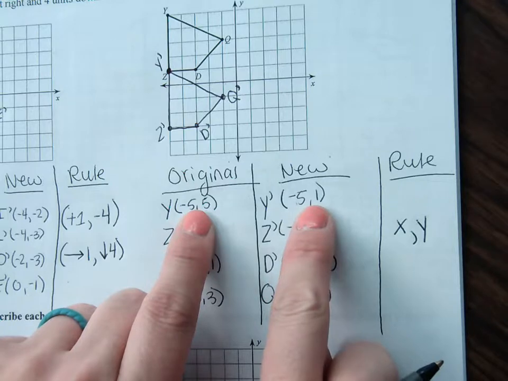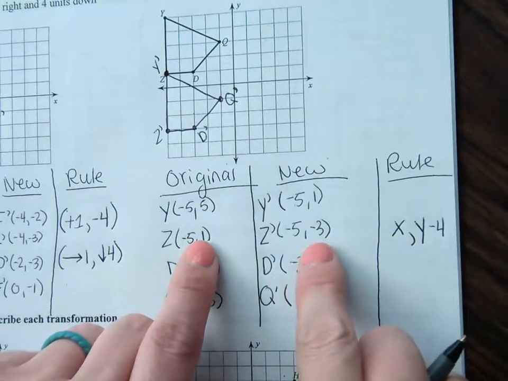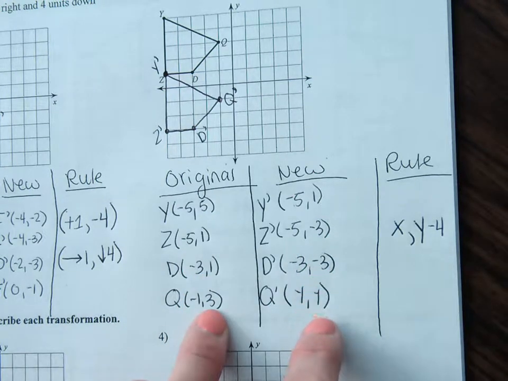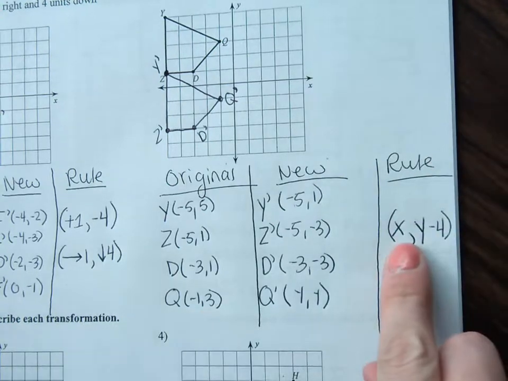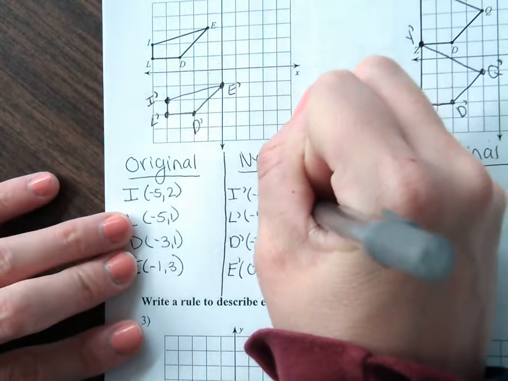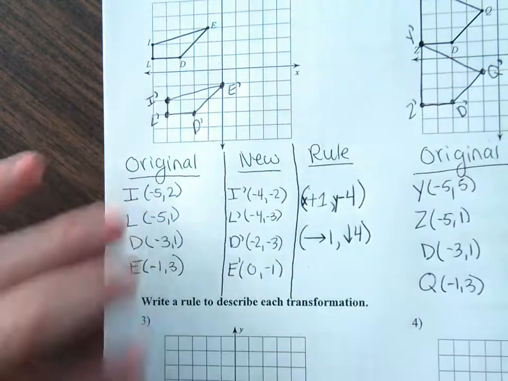We have 5 to 1. That's subtracting 4. 1 to negative 3 is subtracting 4. 1 to negative 3 is subtracting 4. And 3 to negative 1 is subtracting 4. So we want to write our ordered pair like this. We need to make a correction on this. This should say X plus 1 and Y minus 4. I apologize.